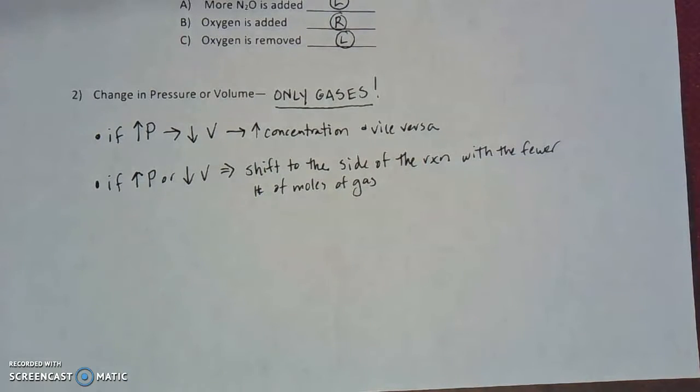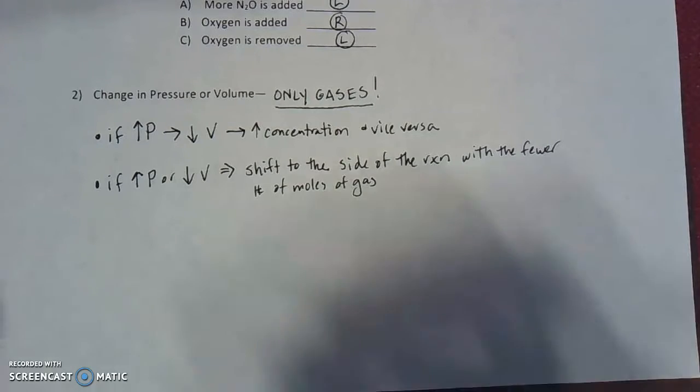It's like if we go into a crowded room and you have two possible rooms, some people are going to move to the other room to make it a little bit less crowded. So we shift to the side of the reaction with the fewer number of moles.